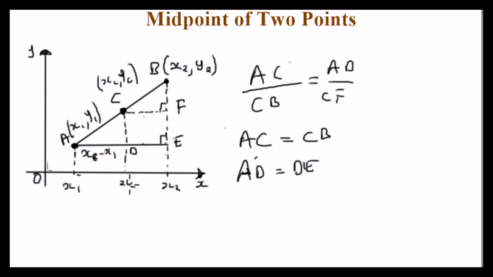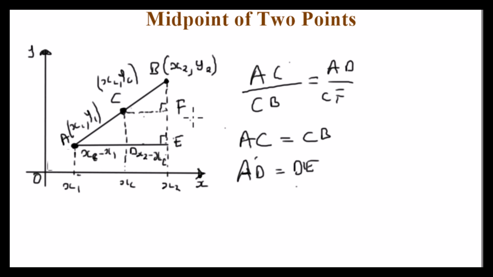So it must mean in between will simply be xc minus x1. Now if this is xc minus x1, then this will be x2 minus x1, isn't it? Sorry, x2 minus xc, not x1. So let me write that properly so it doesn't confuse you: x2 minus xc. Now that we've come to this conclusion, we can write or equate them, since we already said AD is equal to DE, and we're trying to find the midpoint.